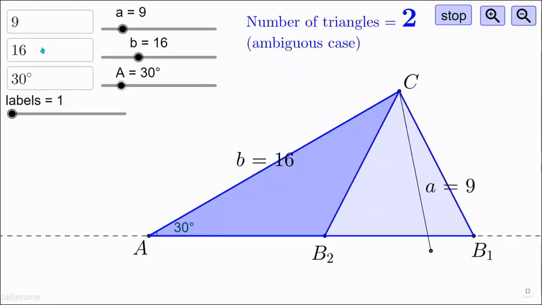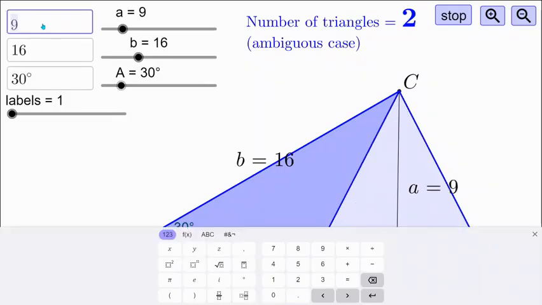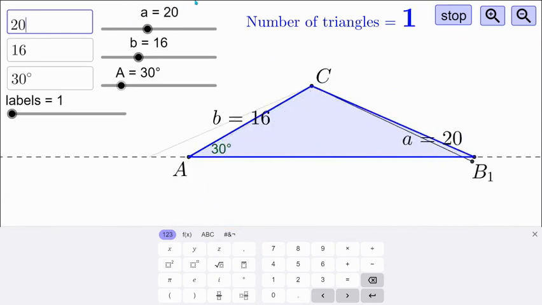C is 16, so let's make A, let's just make it 20. When it is 20, we see that this arm will only come in touch with B this once.